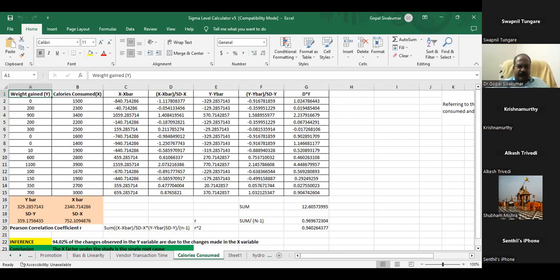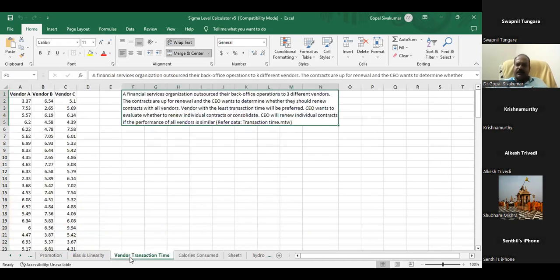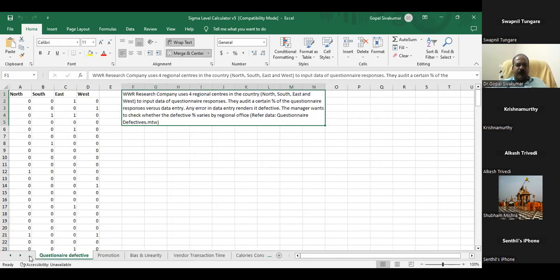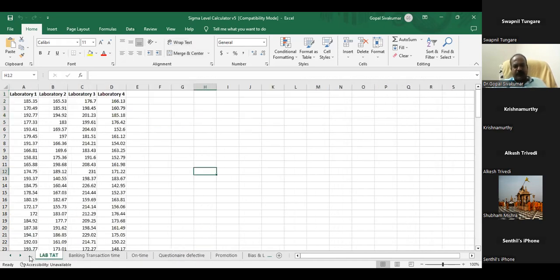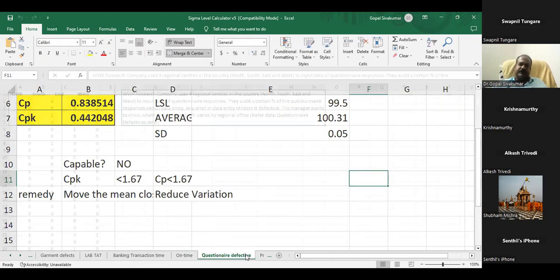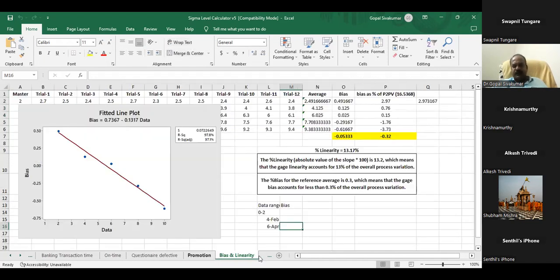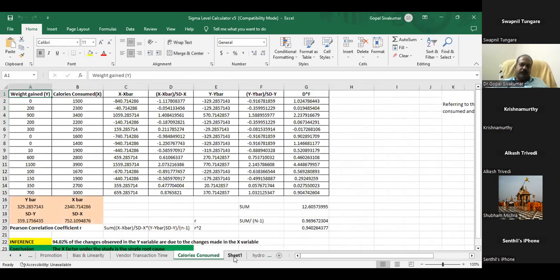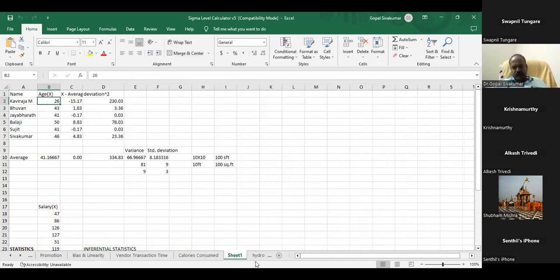See here, all the data I am using, I have again given here: one-way ANOVA data, two-way ANOVA data, two sample t-test data, and all the data files are available here. You can practice. Unless you practice after learning, you can't really digest what you're learning here.